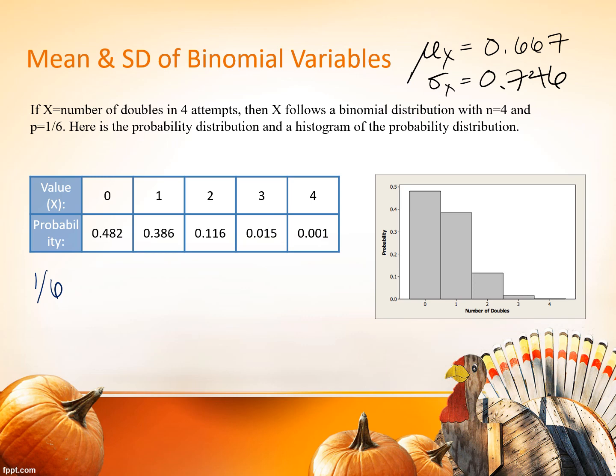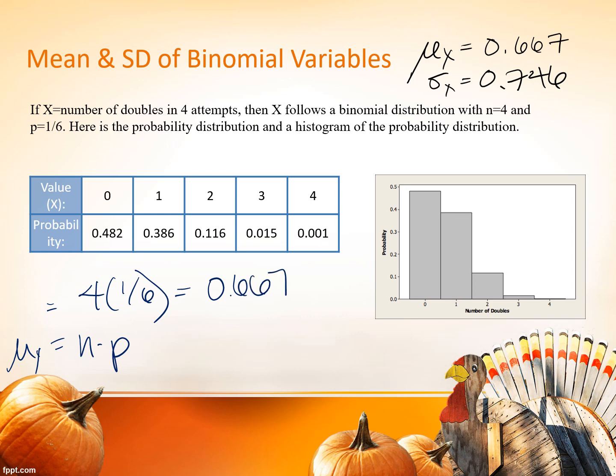The probability of getting doubles on the first trial is 1/6, right? And it is for the second and the third and the fourth. So we're going to do this 4 times, and the probability of each is 1/6, right? So what did I do here? I just did n times p. If I do 4 times 1/6, I get 0.667.